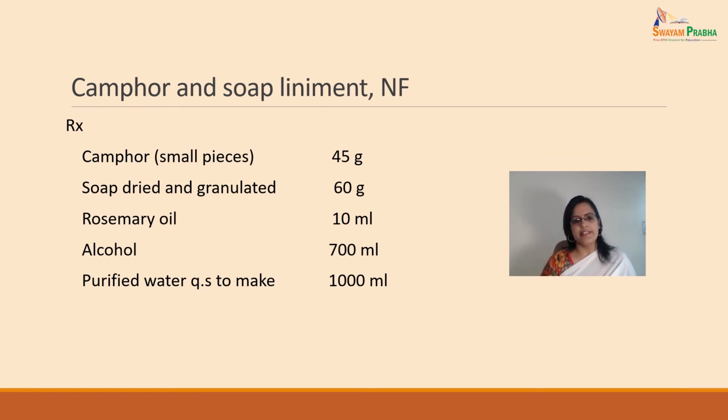Next one is camphor and soap liniment. You have to take small pieces of camphor and soap, dried and granulated, rosemary oil and alcohol, and purified water to make sufficient volume, which depends on the amount of other ingredients which we are using.